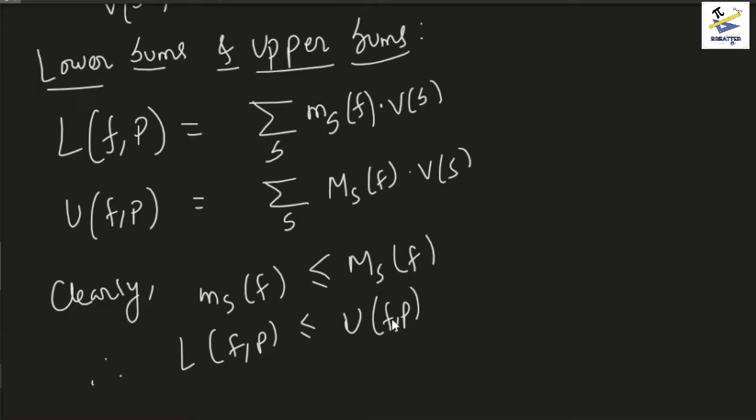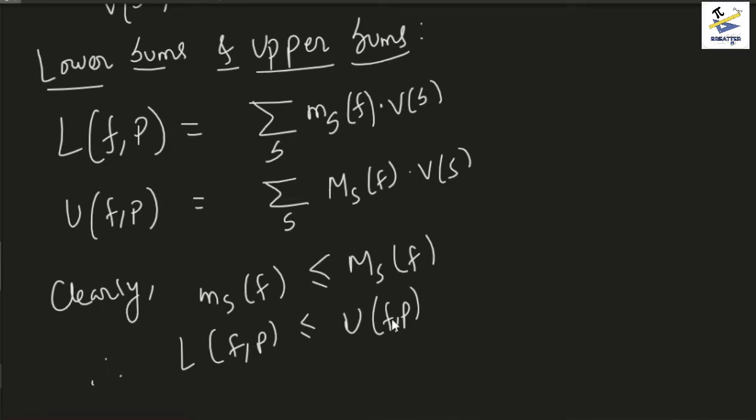So what this means is that obviously the lower sum is less than the upper sum, but it also means that if you have another partition P prime which refines P, that is, each subrectangle of P prime is contained within a subrectangle of P, then we can also say that the lower sum of P prime is greater than or equal to the lower sum of P, and the upper sum of P prime is less than or equal to the upper sum of P. So that is also one of the ways to understand these properties of lower sum and upper sum.